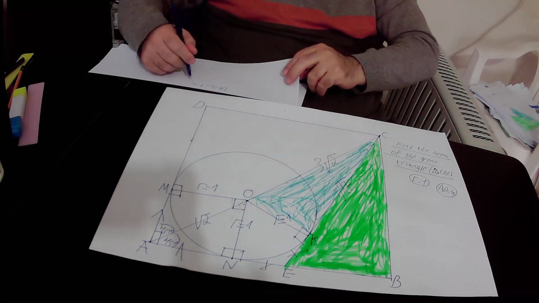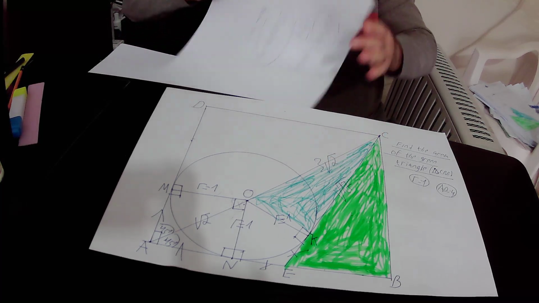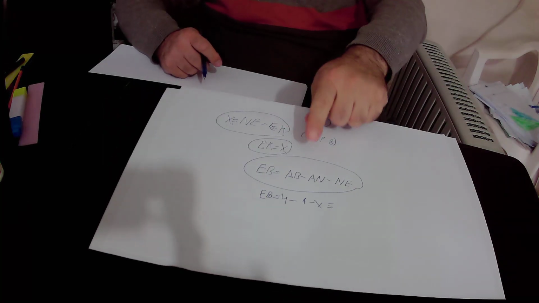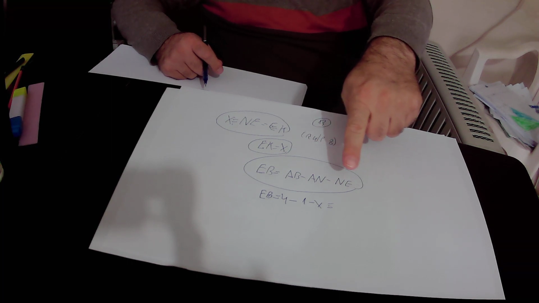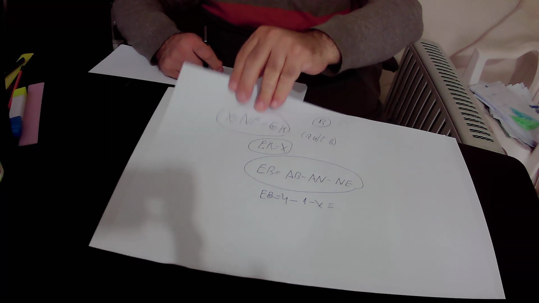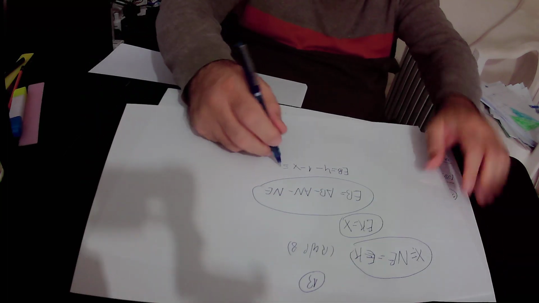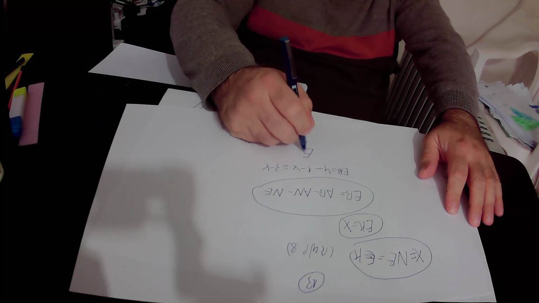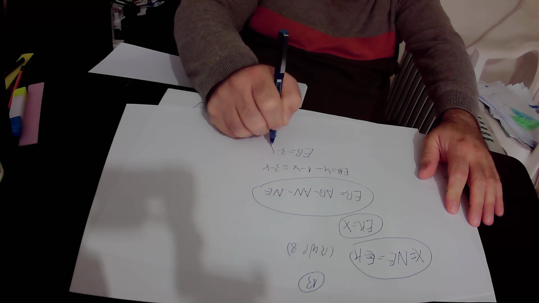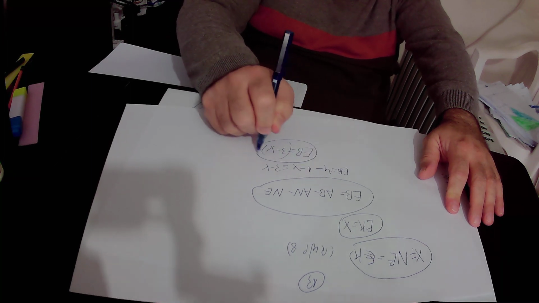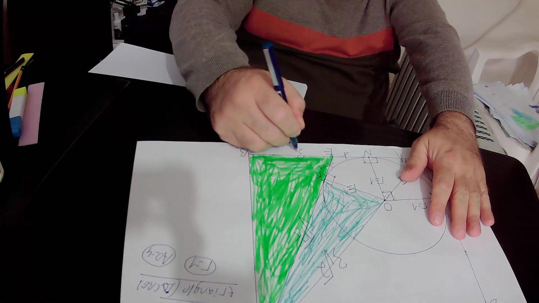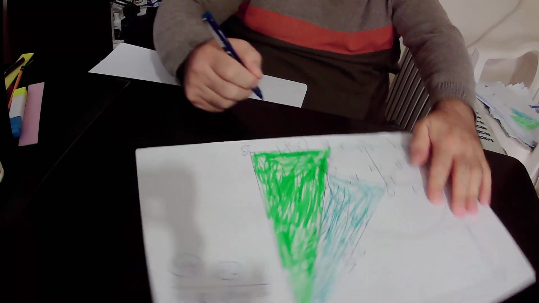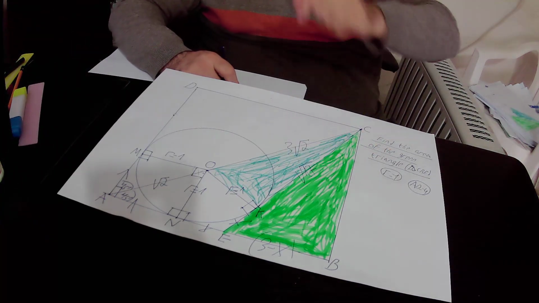So in conclusion, EB equals 4 minus 1 minus x. 4 minus 1 is 3, so EB equals 3 minus x.